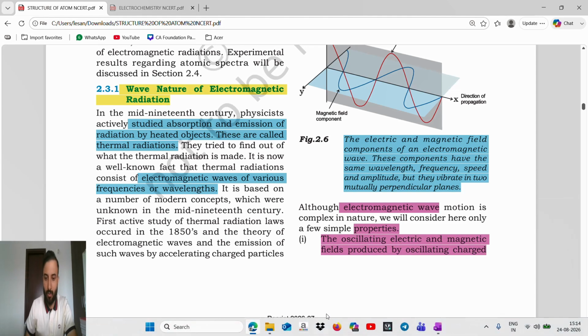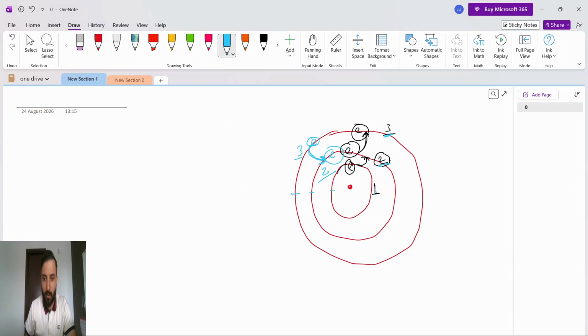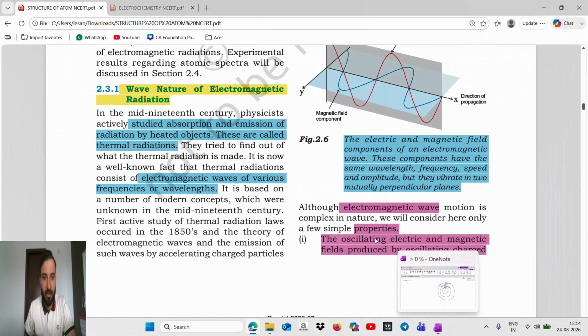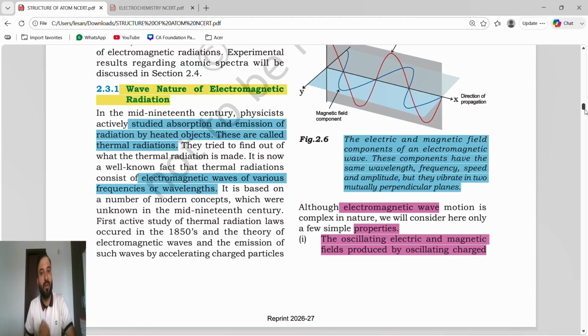Like we have different orbits, and every orbit has different energies. So whatever waves are coming, every wave has its own frequency and its own wavelength. So every electromagnetic wave has various frequency and various wavelength.